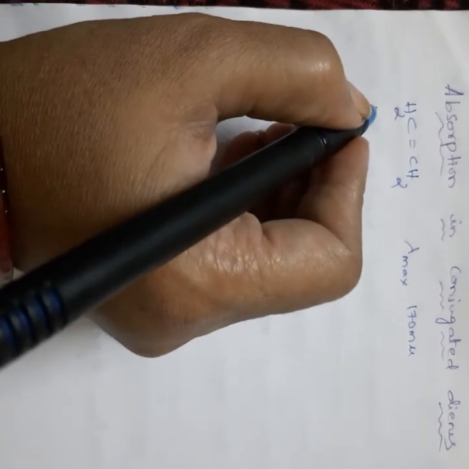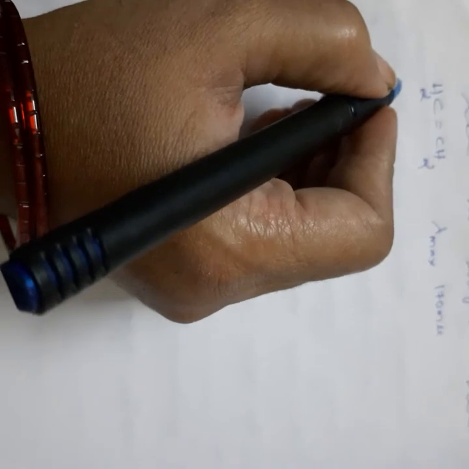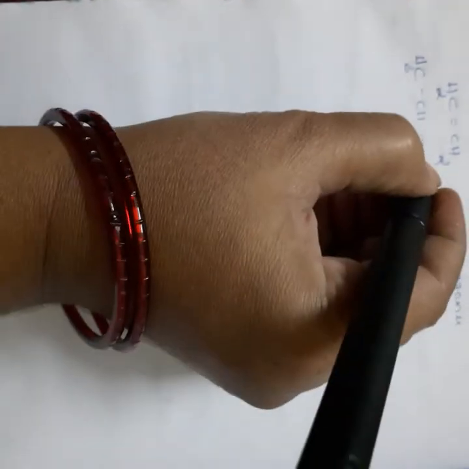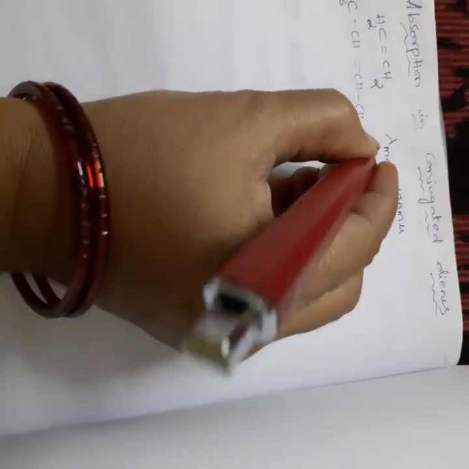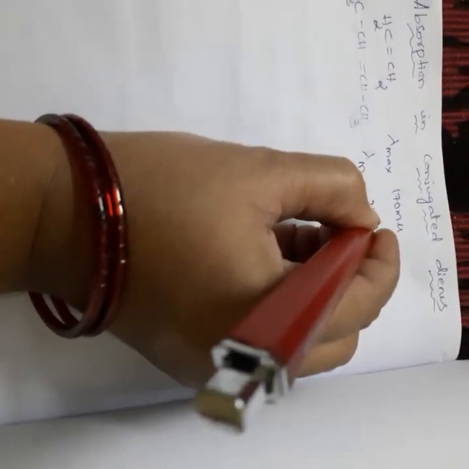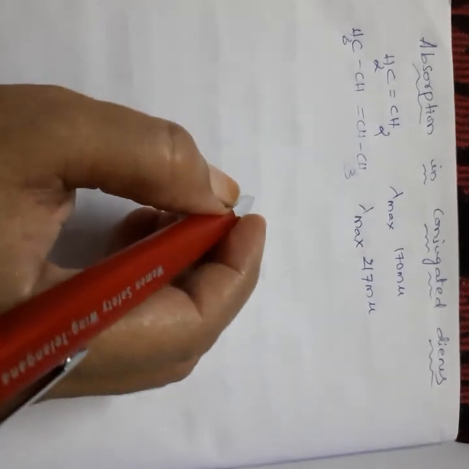But if you add two CH3s, one CH3 added to the left carbon and one CH3 added to the right side carbon, we will observe the lambda max value shifts towards the right side, that is, it occurs at 217 millimicrons.